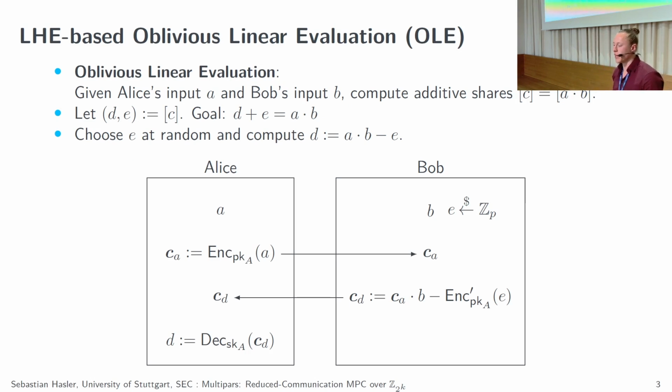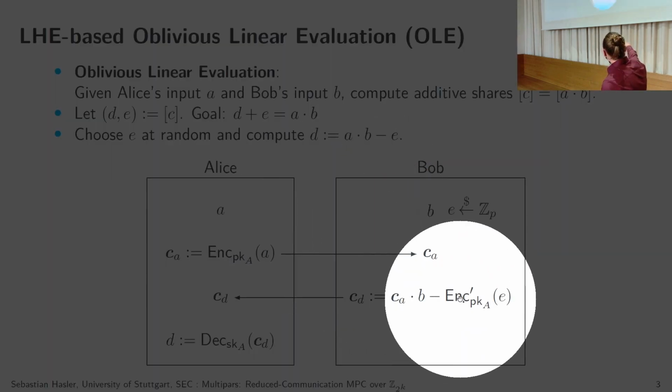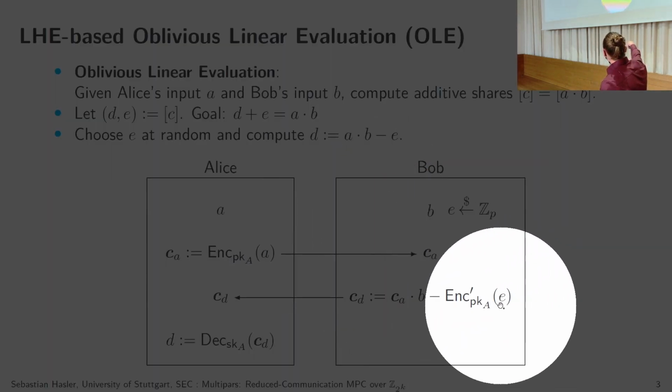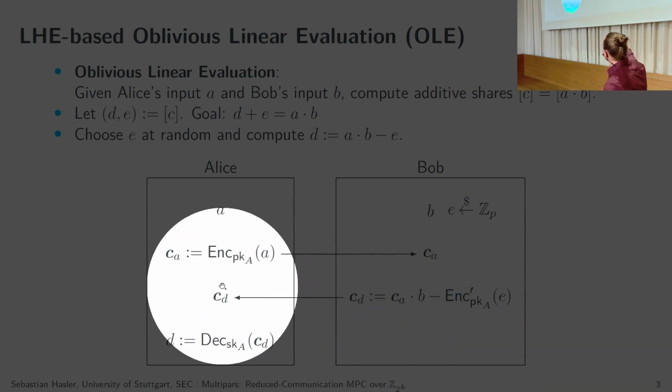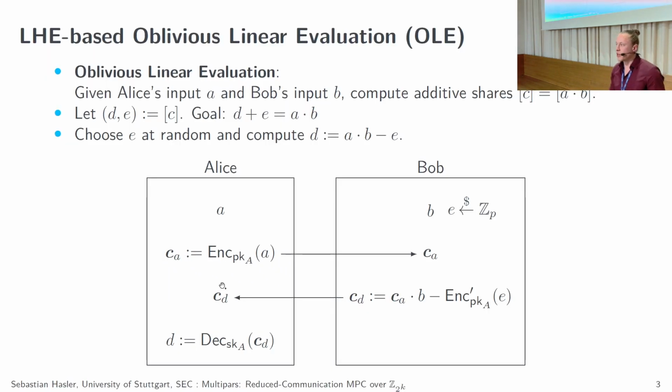And we are done. I left out some details, such as the modified encryption procedure here, which is required to make sure that Alice does not learn anything from the noise of the received ciphertext. Also, in the first message sent by Alice, we need to perform a zero-knowledge proof to guarantee that this C_A is actually a correct ciphertext.